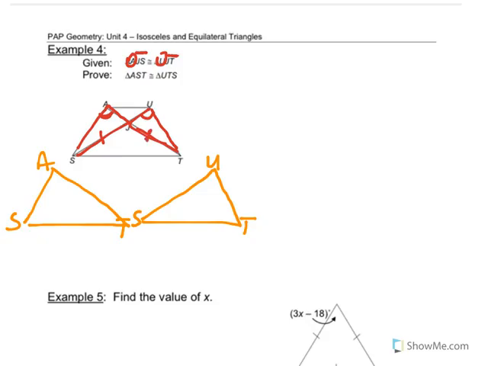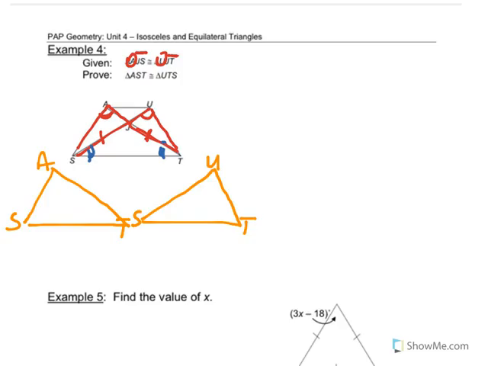Oh, well, now that helps us, because if we have two sides in one triangle that are congruent, what do we know about their opposite angles? Then we know that this angle right here is going to be congruent with this one right here.